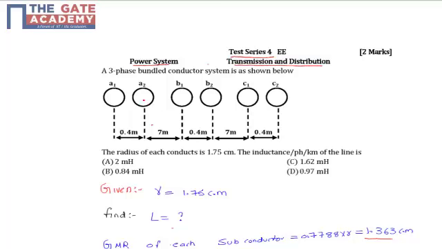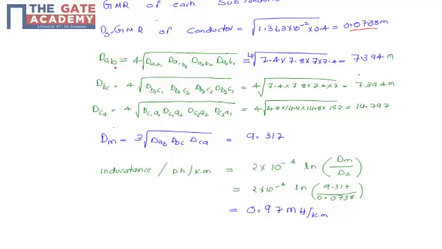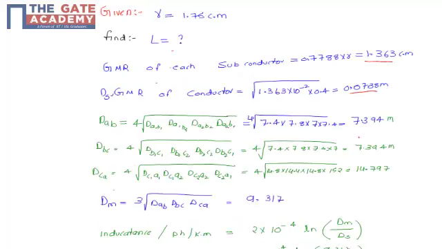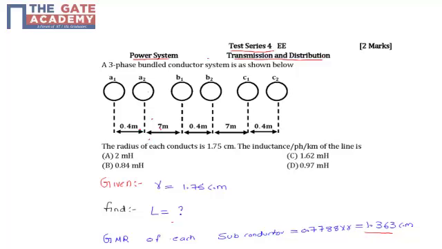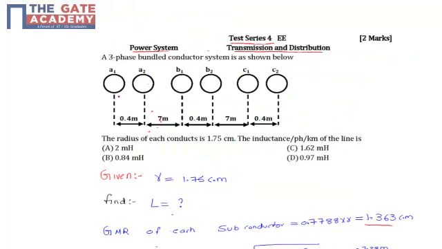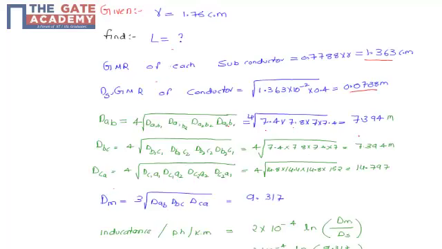First we'll calculate the distance DAB, which is the fourth root of D A1 to B1, D A2 to B1, D A1 to B2 and D A2 to B2. The distance A1 to B1 is 7.4, and D A1 to B2 is 7 plus 0.4 plus 0.4, that is 7.8.